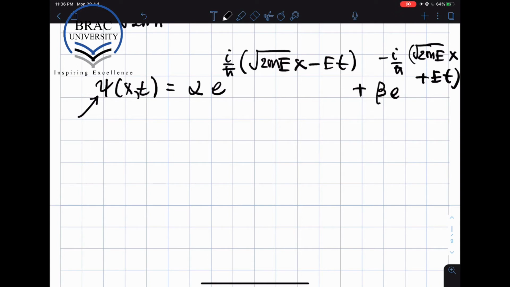Now let us next consider how the free particle evolves in time.